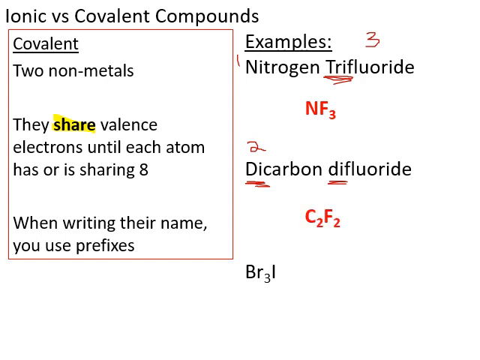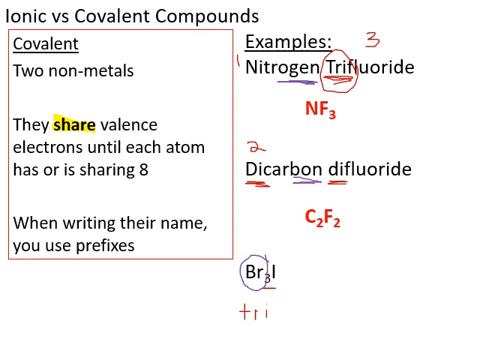And then if you were to do the reverse, write the name, Br3I. 3 is tri, and so it's going to be tri, and then is it tribromine or tribromide? Well, let's look back at the examples. Dicarbon, nitrogen. I didn't write nitride, and I didn't write carbide, because you don't change the ending of your first nonmetal ever.